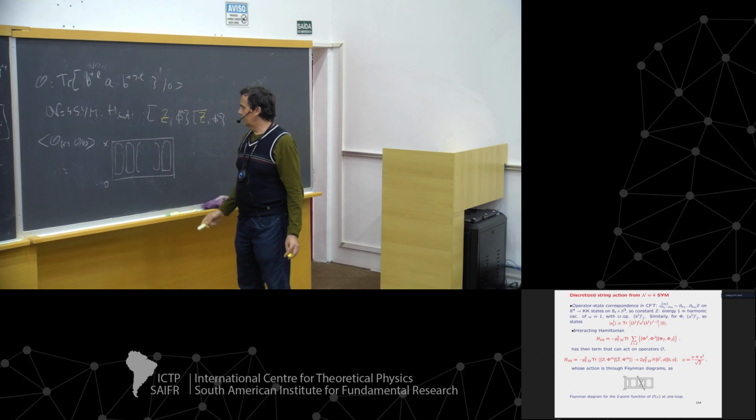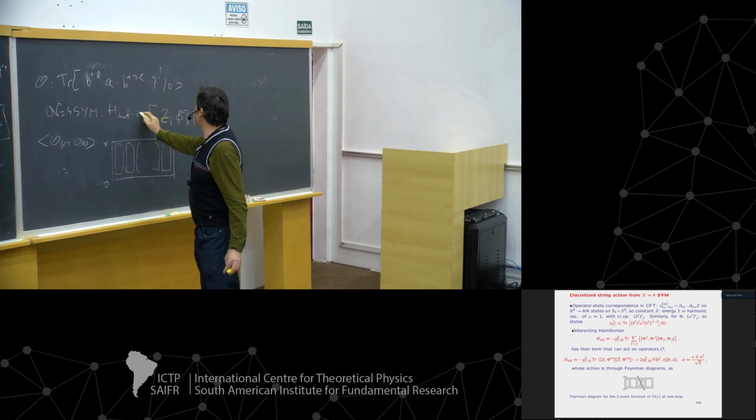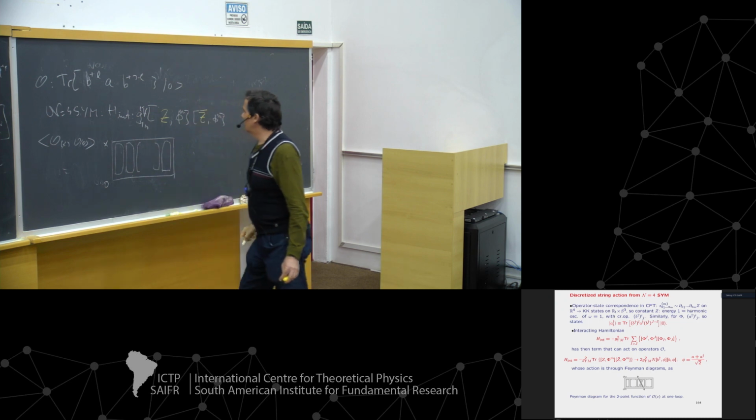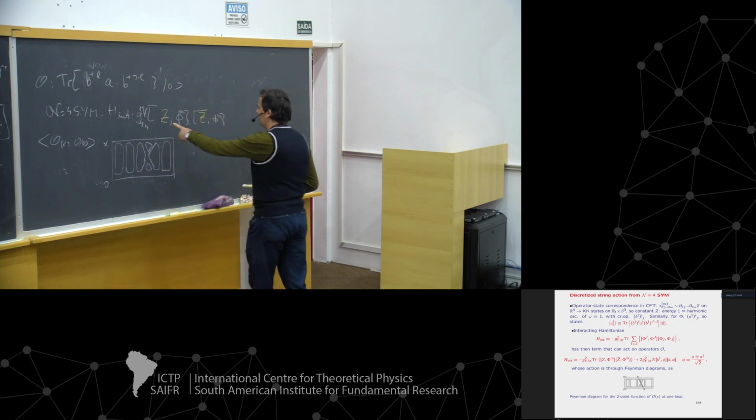But then the first non-trivial diagram is when I have one interaction involved in here. So this comes with a g Yang-Mills squared, and a trace. So let me consider one interaction here, and moreover, let's consider this term.